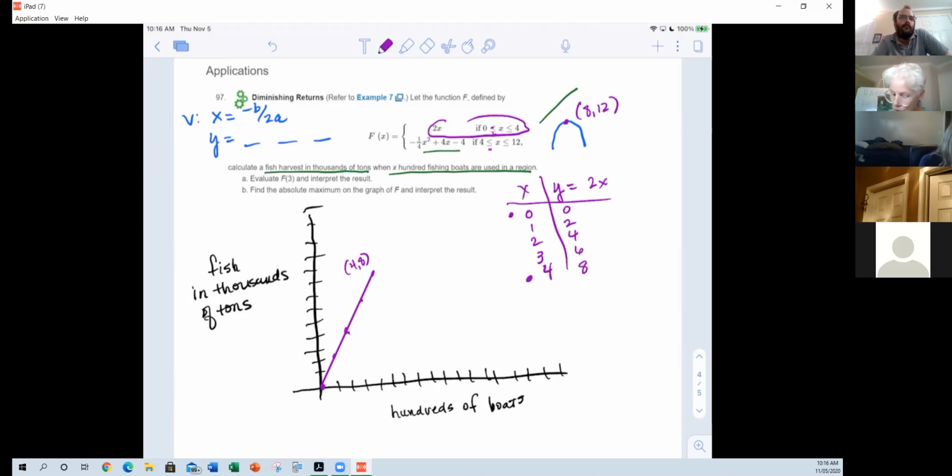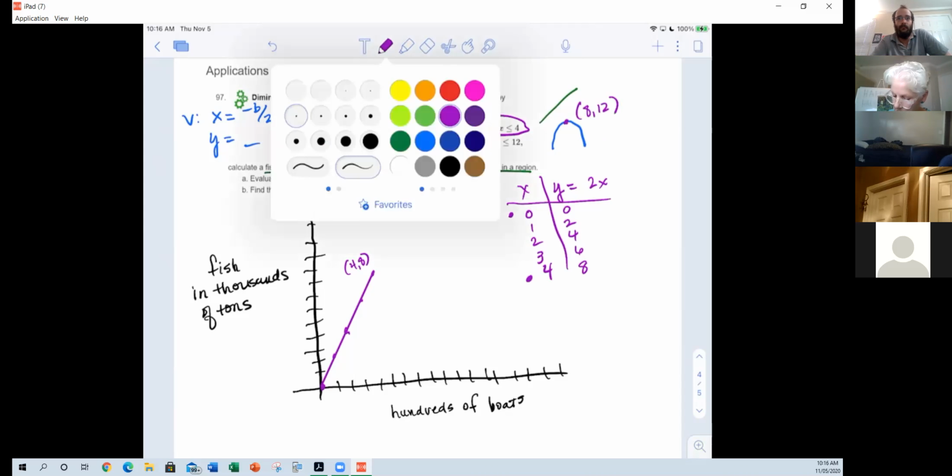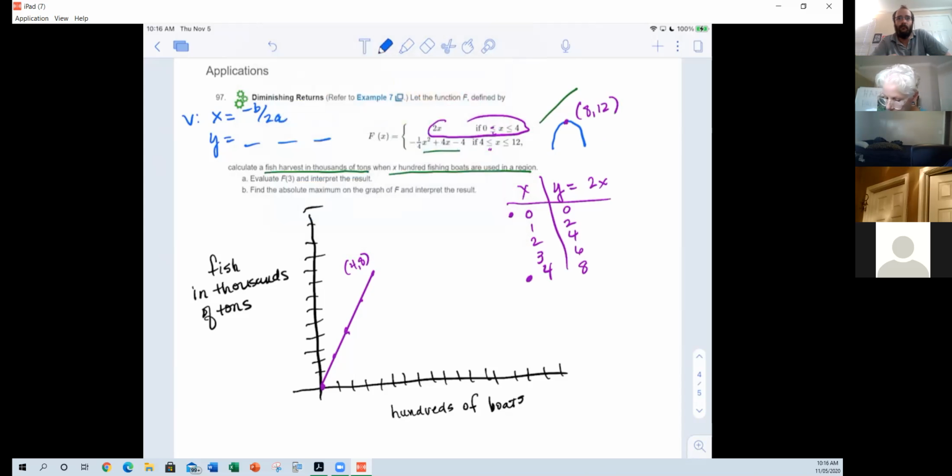Okay, so now let's do this. y equals negative 1/4 x squared plus 4x minus 4 when x is between 4 and 12.